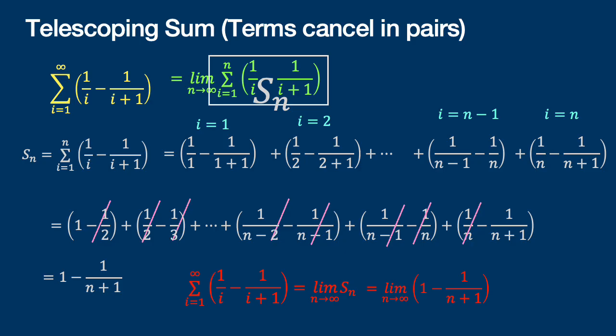Where does 1 over n plus 1 go, guys? As n approaches infinity, that's going to 0, right? So the limit of the partial sum is going to be 1, which means the telescoping sum is going to be 1, guys. That's going to be 1.